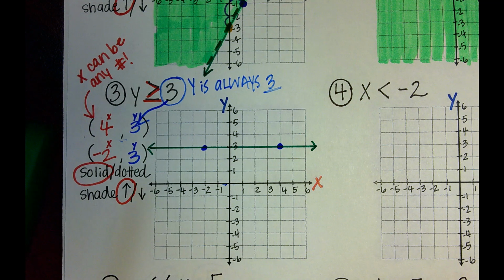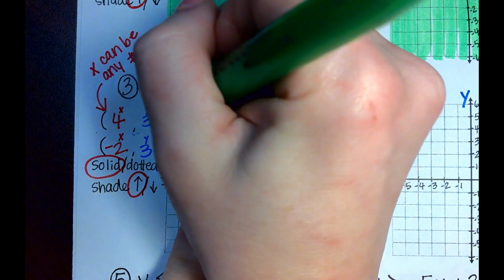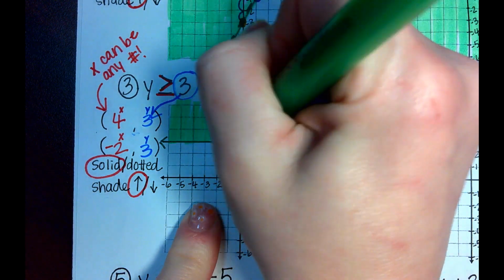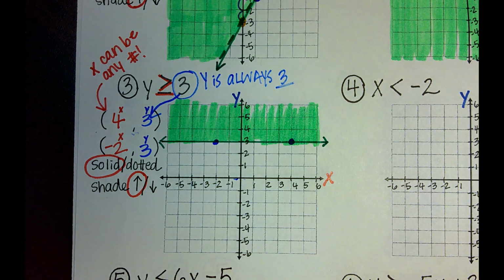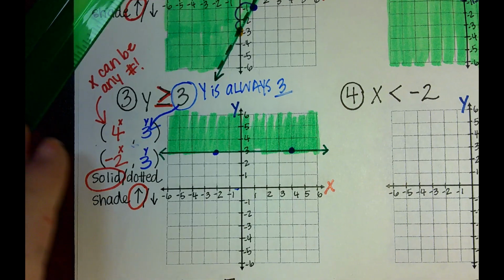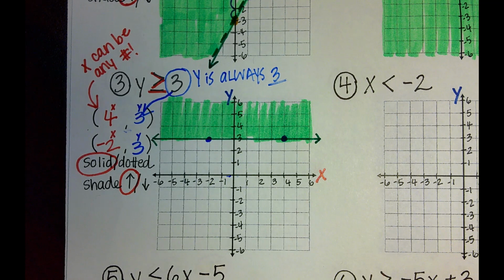And because it's greater than or equal to, we are shading up. Just like that. Okay, do we have any questions on number 3?